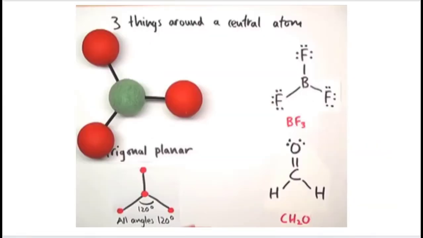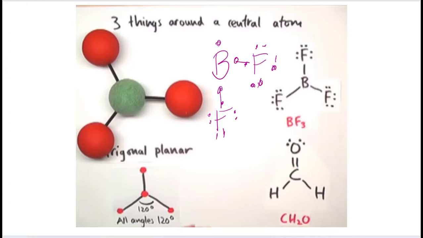Let's look at what happens if there were 3 things around the central atom. For example, BF3. If I was drawing boron, we would know that it has 3 outermost electrons, and each fluorine has 7. Sorry for the sloppy dots. Fluorine has 7: 1, 2, 3, 4, 5, 6, 7.